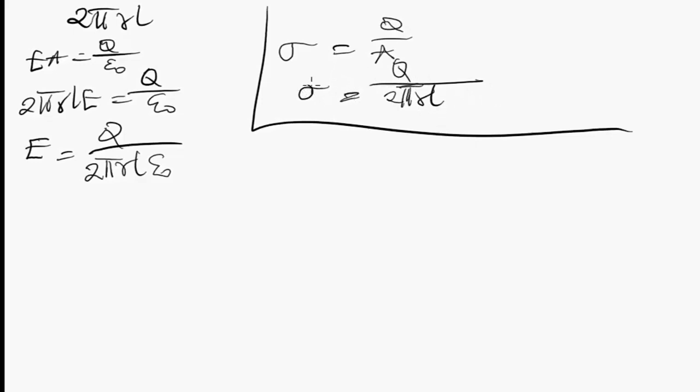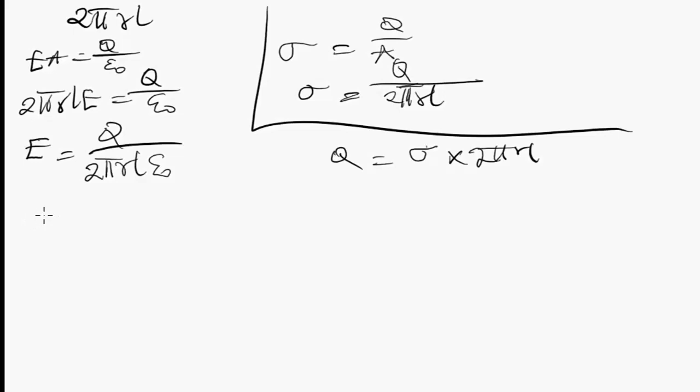Now since the charge is this, it means that Q is also the surface charge density times this surface area, which is 2 pi RL. So we can always replace Q by this in this equation.